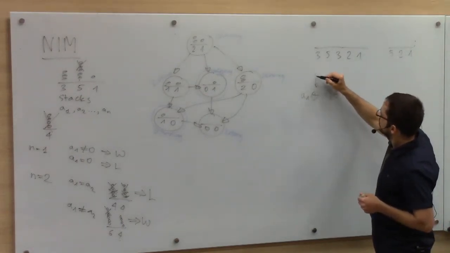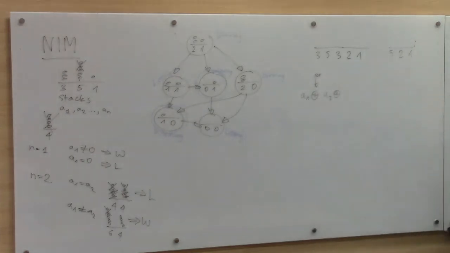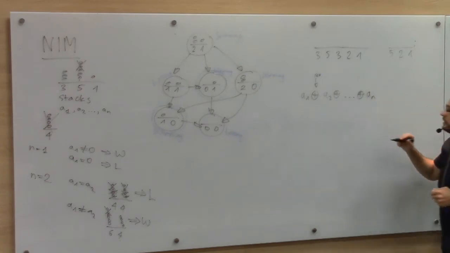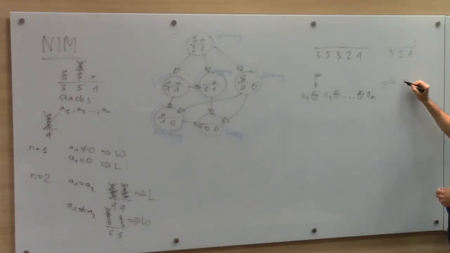We take 2 numbers and we add them up, but without carry. This is like adding each bit of the numbers modulo 2. So we calculate this number, and if it is equal to 0, then the first player has a losing strategy. If it is not equal to 0, then he has a winning strategy.